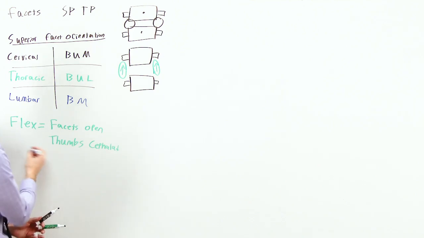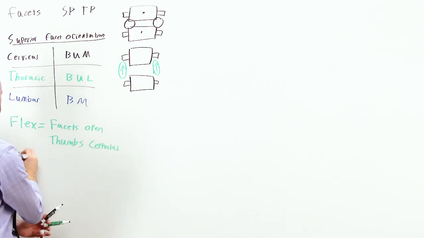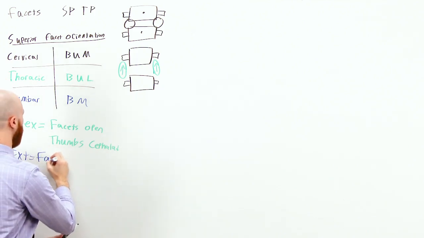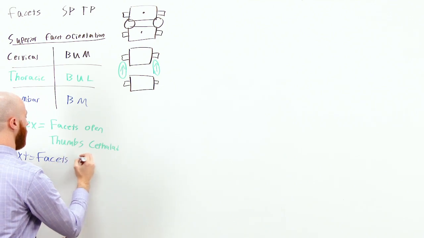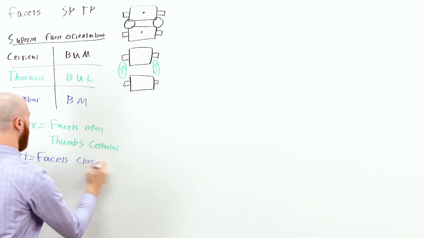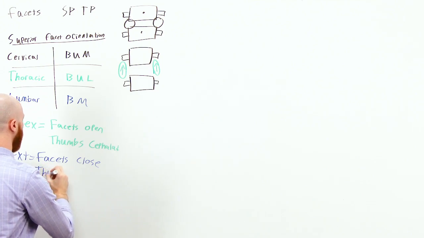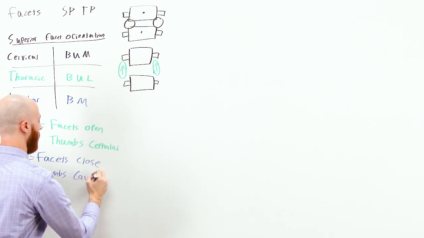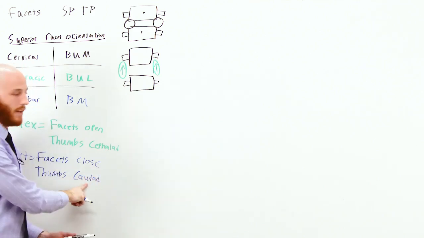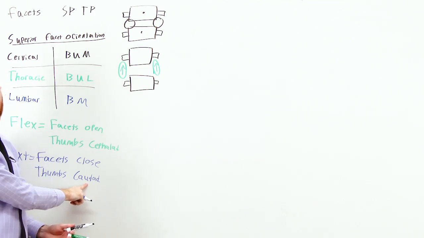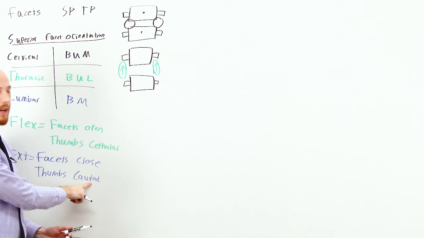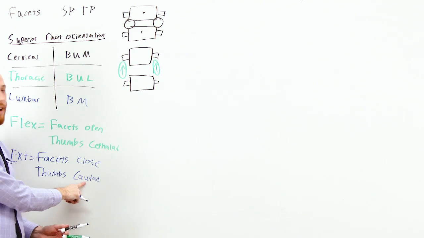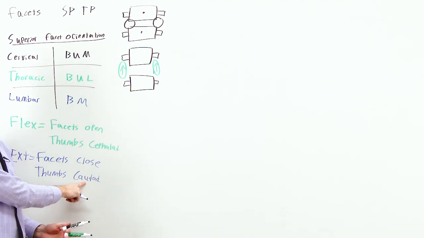During extension, it's going to be backwards. When you're palpating during extension, the facets will close, and your thumbs will move caudad. Caudad is a fancy way to say down or towards the feet. My teacher, when I was in school, had a really southern accent, and when he said caudad, it sounded like he was saying crawdad.